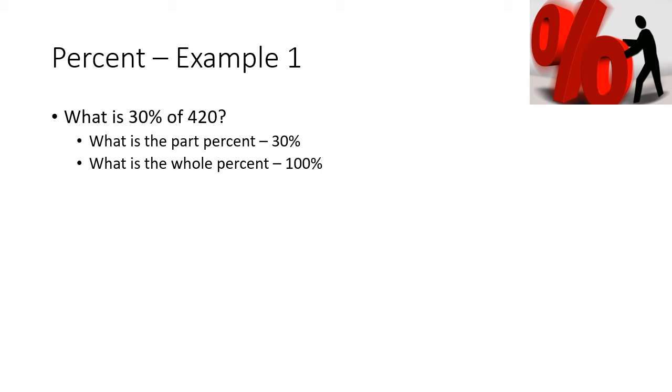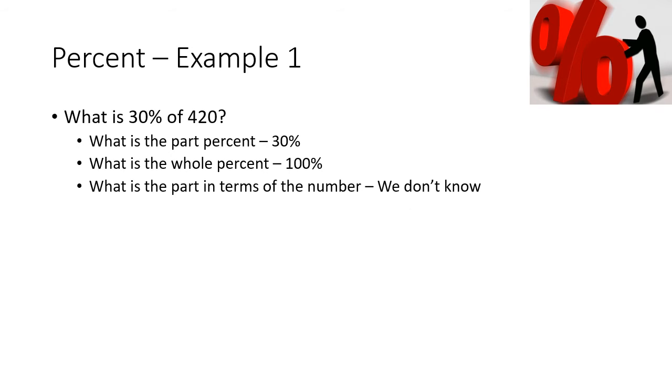The whole of the percent is always 100. 100%, that's everything, right? Now, what is the part of the number, the term? Well, that is what we're trying to figure out. What is 30% of 420? The whole, in terms of the number, would be 420.